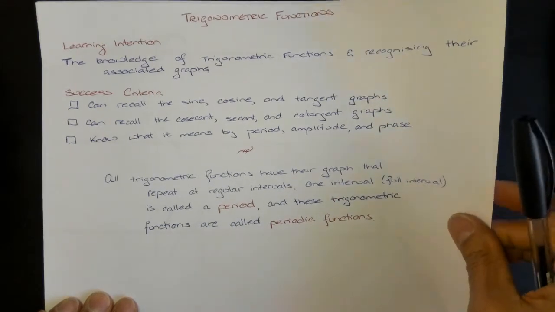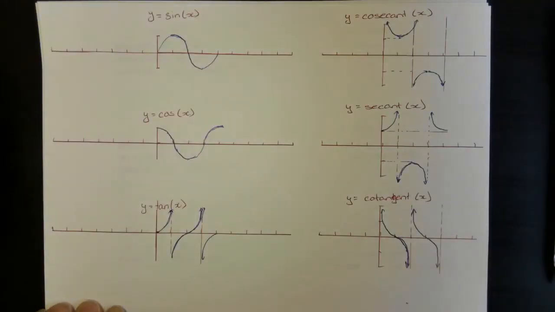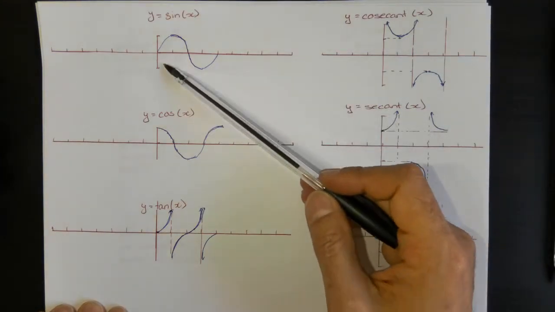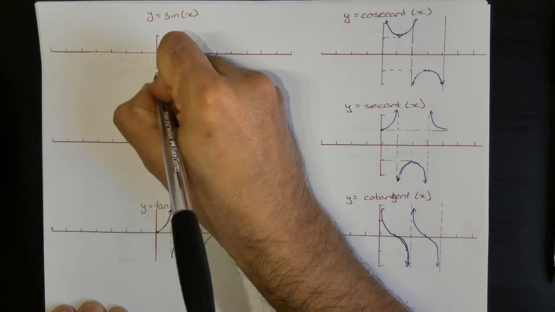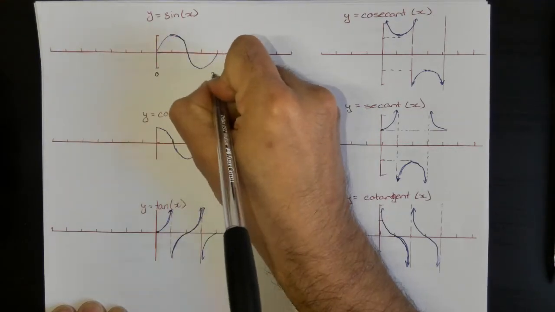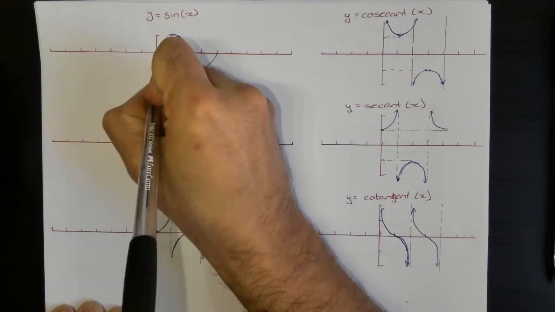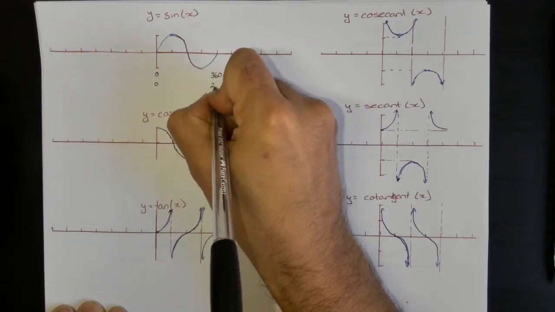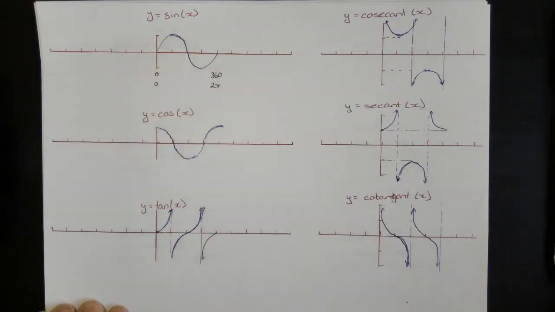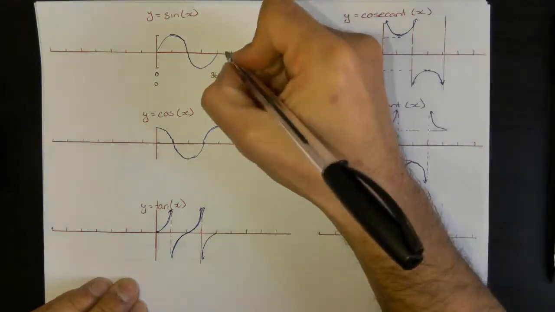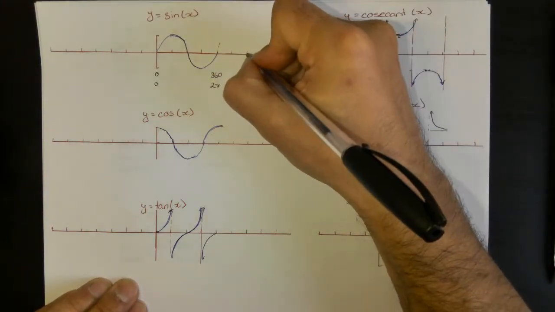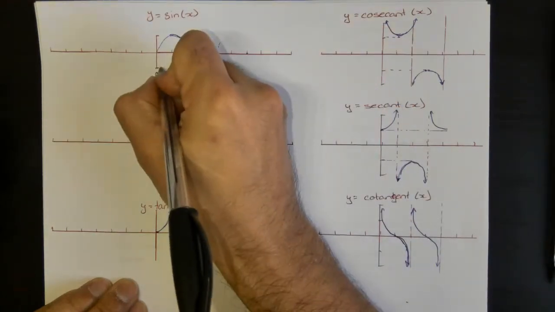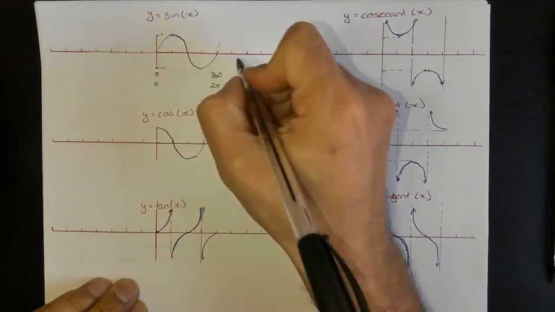So, for example, here we have the sine curve, and this is from 0 to 360 if we're doing it in degrees, or from 0 to 2 pi. This graph continues, it mirrors, and it has a range of -1 to 1.